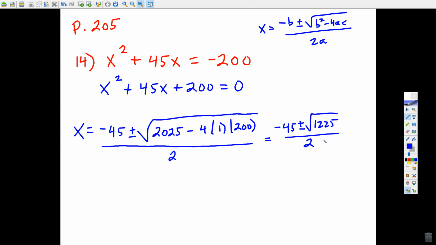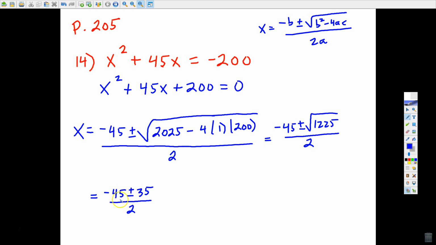I believe there is, and it is 35. So the square root of 1,225 being 35 turns our formula into this. Now at this point, since we have all integer numbers that can be combined, we don't want to stop at this as a final answer.